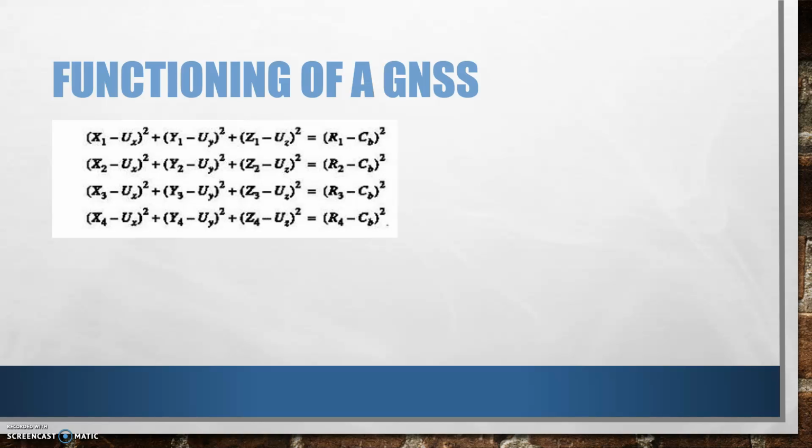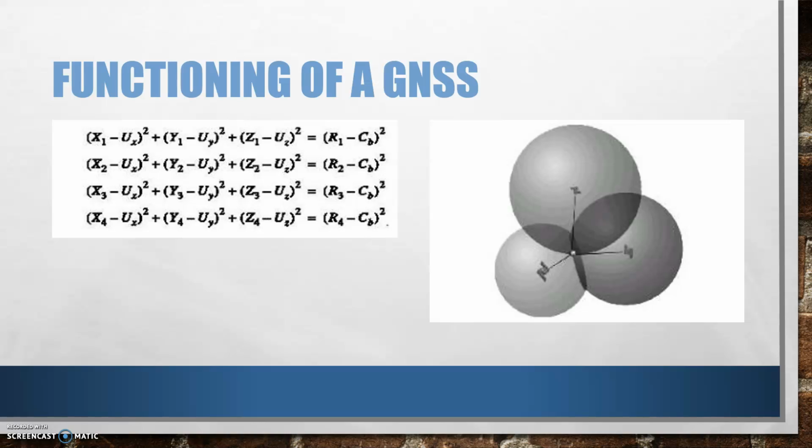So here you can see 4 mathematical equations, and you can take a look at xi, so as in x1, x2, x3, x4 are the x coordinates of all the satellites from 1 to 4.